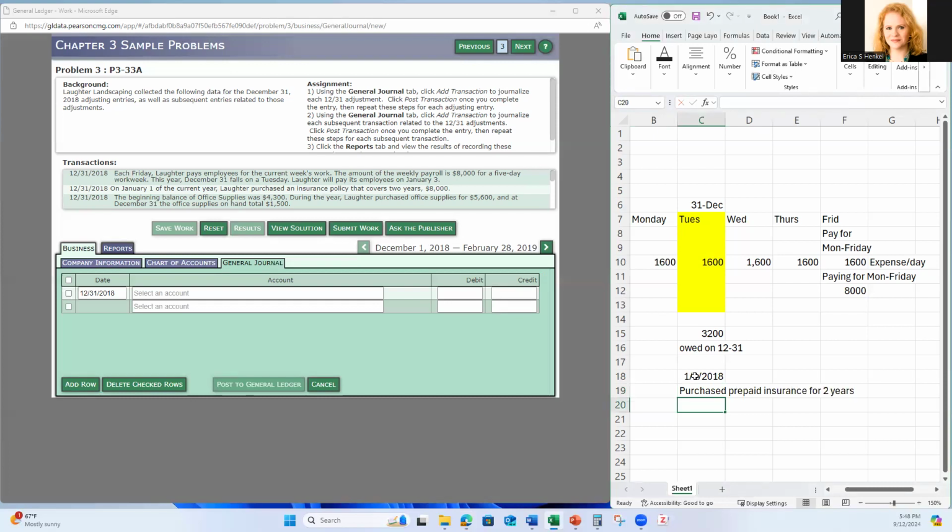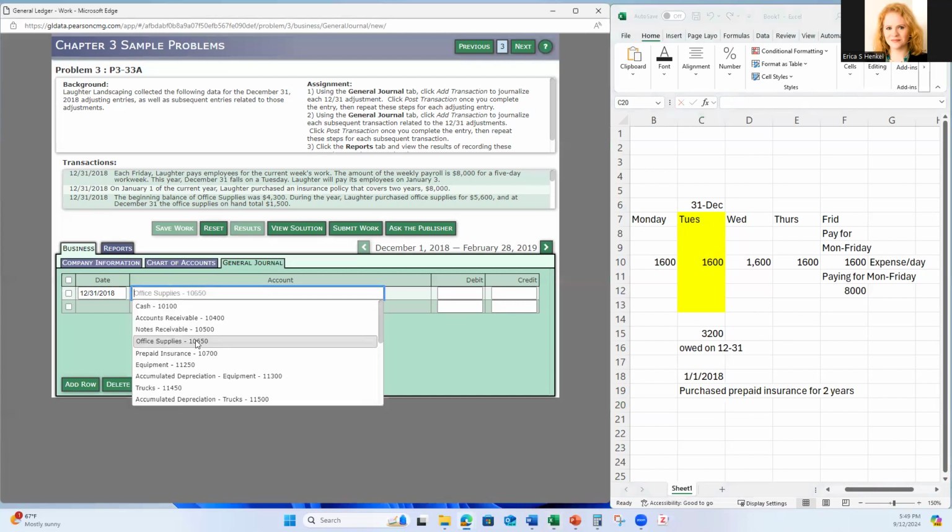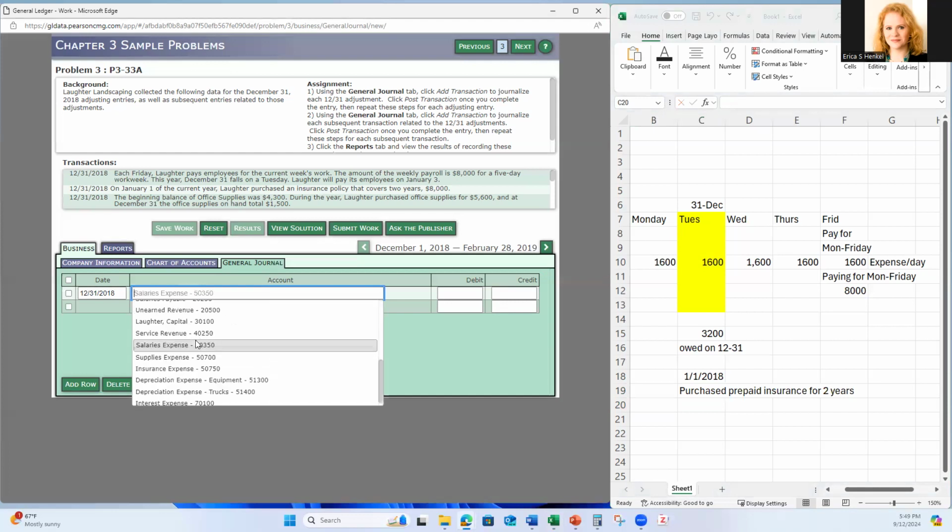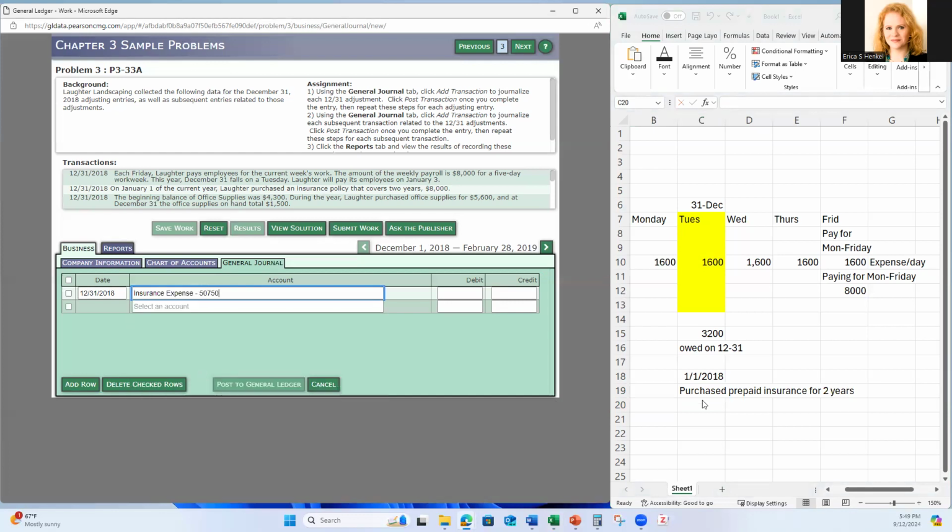What that means is as of December 31st today, we have now used up 1 year of that insurance, so we need to expense that under our insurance expense. If we paid $8,000 for 2 years, that's $4,000 for 1 year. So 8,000 divided by 2 is $4,000 per year, right?